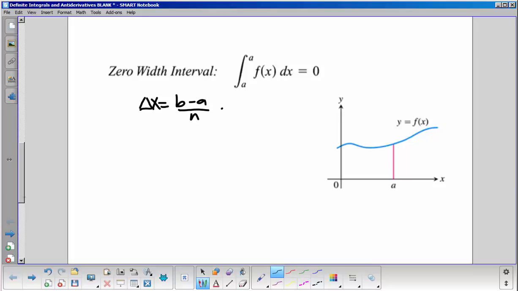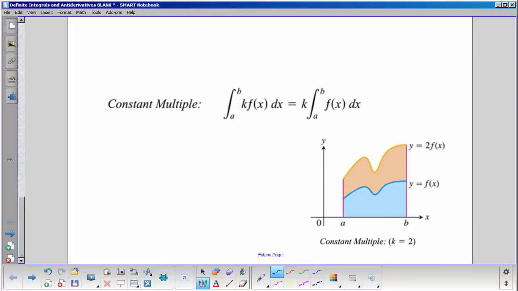So that's going to be a minus a over n, which is just 0. So the delta x becomes 0. So you can't have any area if you're starting and stopping in the same spot. I hope that makes logical sense to everybody. Very visual thing. All right.